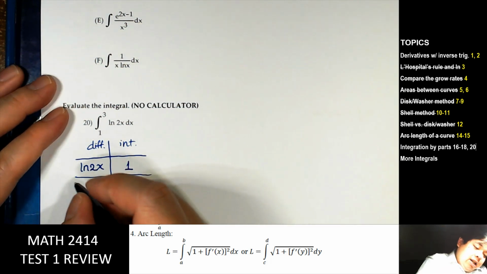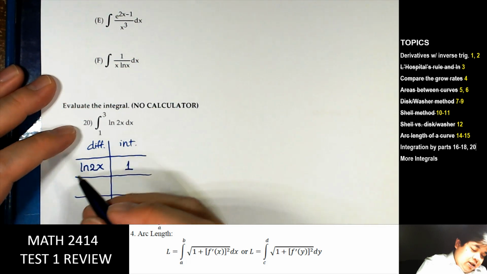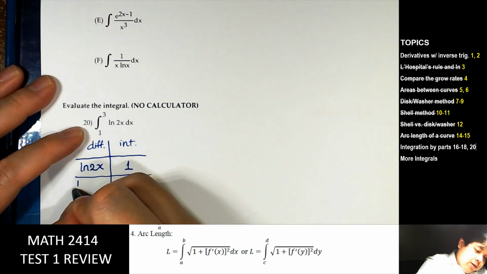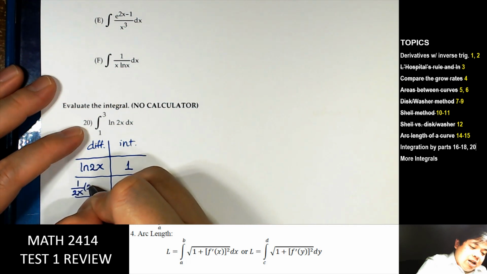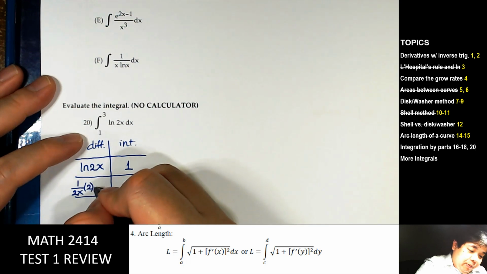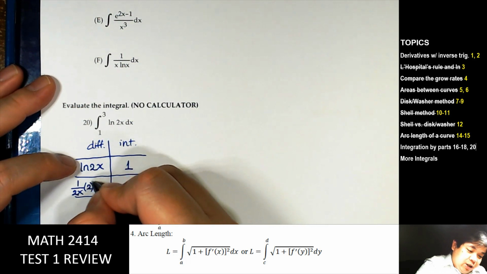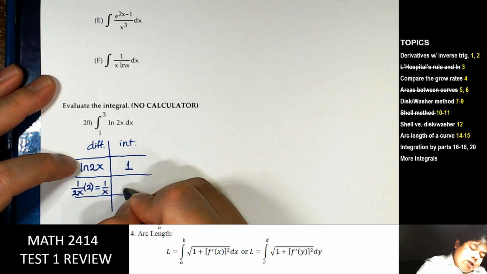Derivative of that is going to be 1 over 2x. Notice there's a 2 in that as well. By the chain rule, we have to multiply by the derivative of 2x, which is 2. So that gives us 1 over x. Integral of 1 is x.